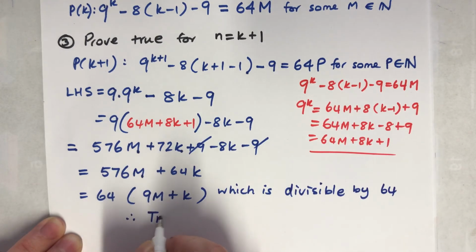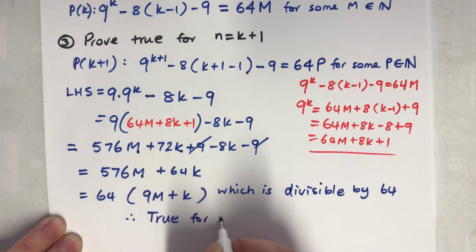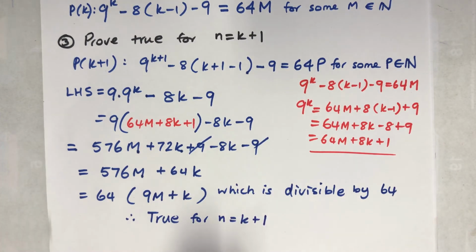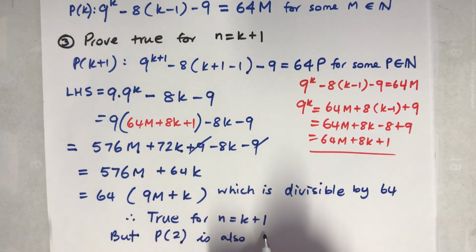divisible by 64, therefore true for n equals k plus 1. But P of 2 is also true from the first step.